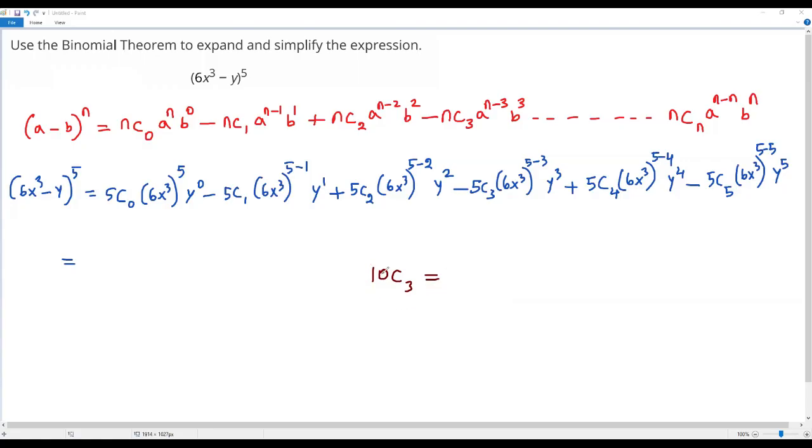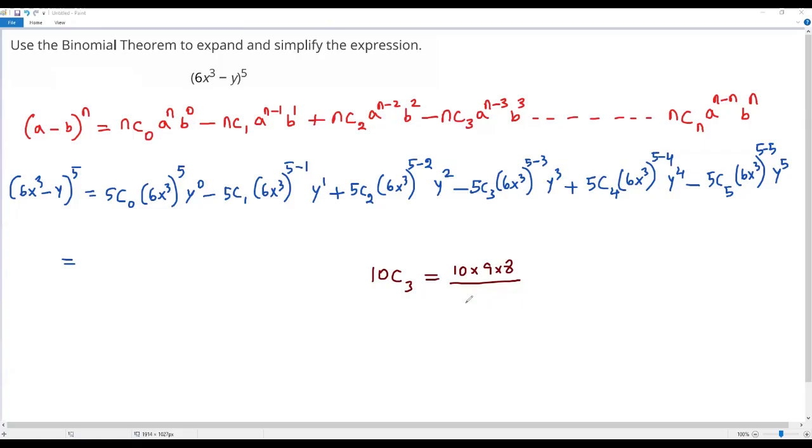For that, what we have to do is we have to reduce the value of n, that is the value of this 10 has to be reduced for the next 3 integers and multiply them. So why do we reduce this 10 for the next 3 integers? Because here the value of r is 3. So that's why I'm saying this 10 has to be reduced for the next 3 integers. Then we get 10 times 9 times 8. Now it has to be divided by the factorial of this number, that is 3 factorial.